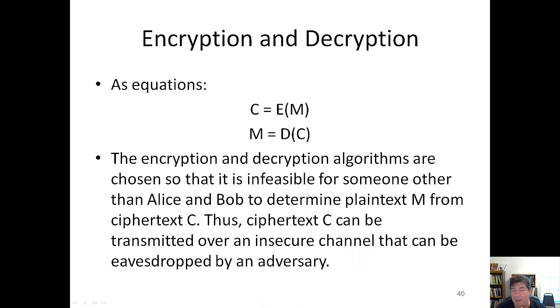C, the ciphertext, equals the encryption of the plaintext, and after that, the plaintext equals the decryption of the ciphertext. The encryption and decryption algorithms are chosen so that it is infeasible for someone other than Alice and Bob to determine plaintext M from ciphertext C. Thus, ciphertext C can be transmitted over an insecure channel that can be eavesdropped by an adversary.